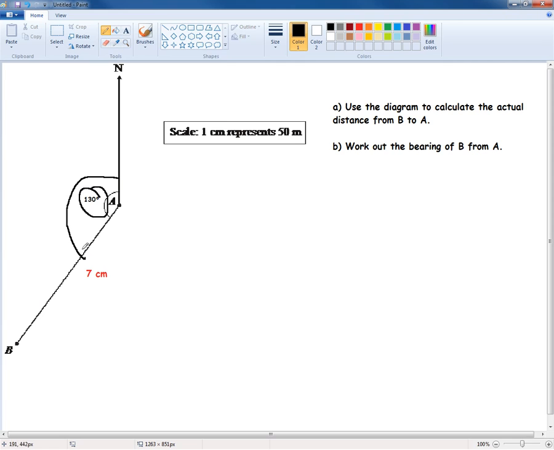Okay? Well, that's great, but we know that we must measure in a clockwise direction from north. So this isn't our bearing, but it can help us get our bearing. We know that in a complete circle, there is a total of 360 degrees.